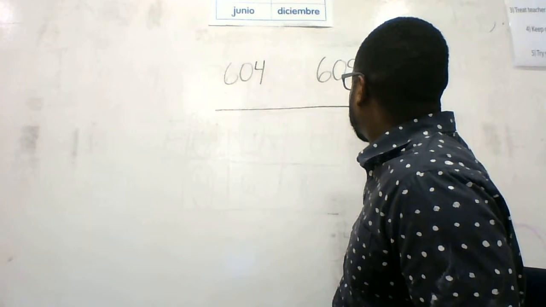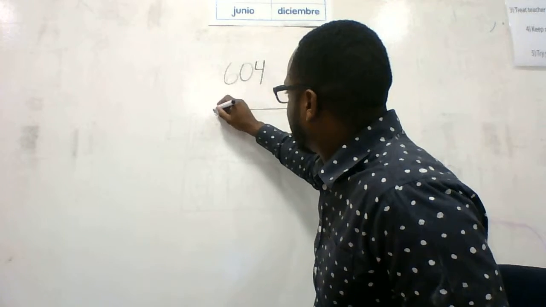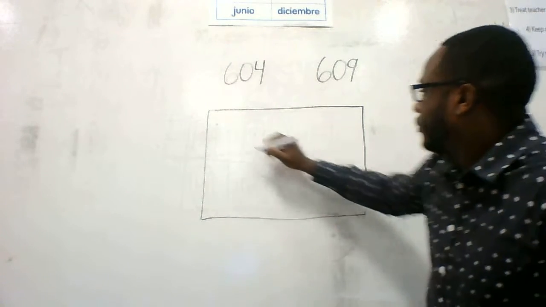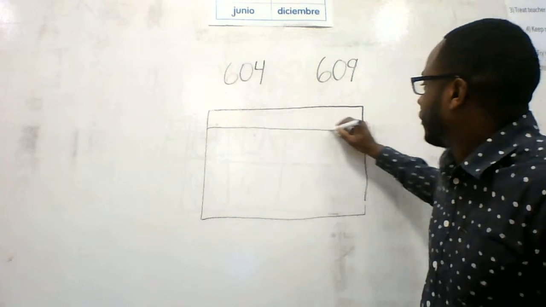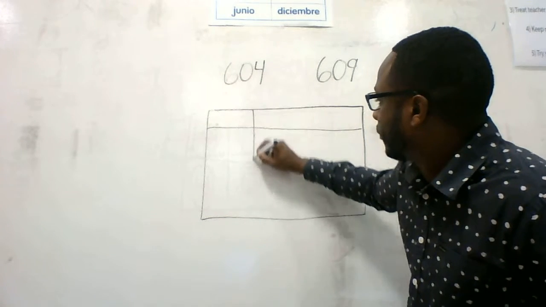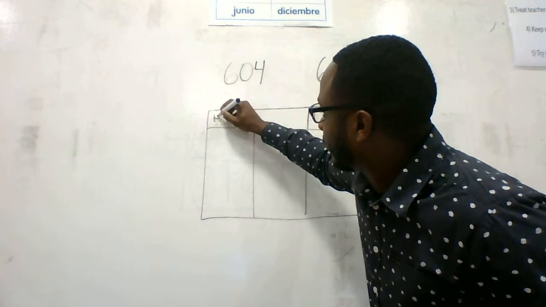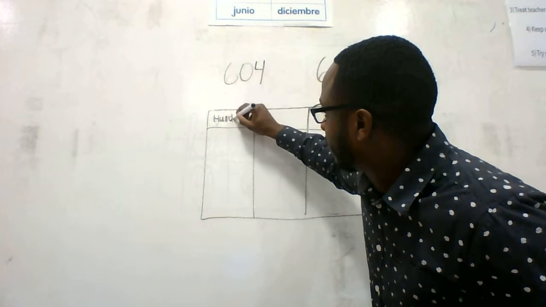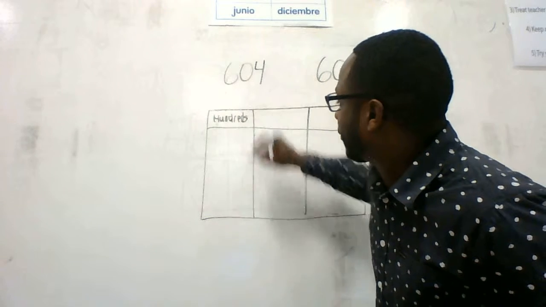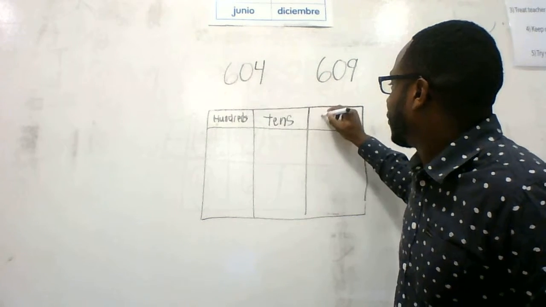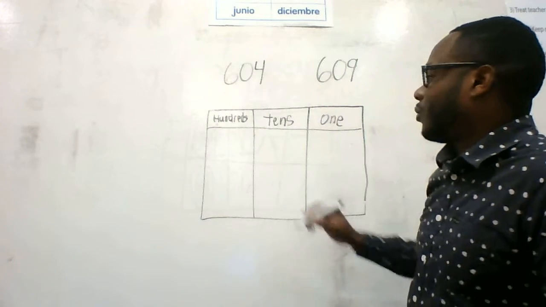We draw our chart: hundreds in one box, tens in another, and ones in one.